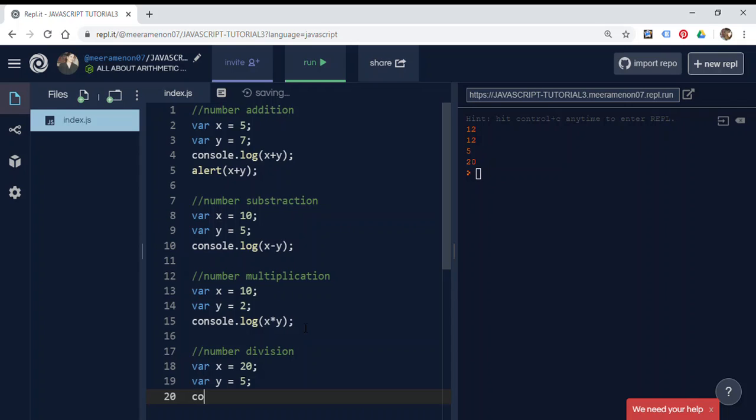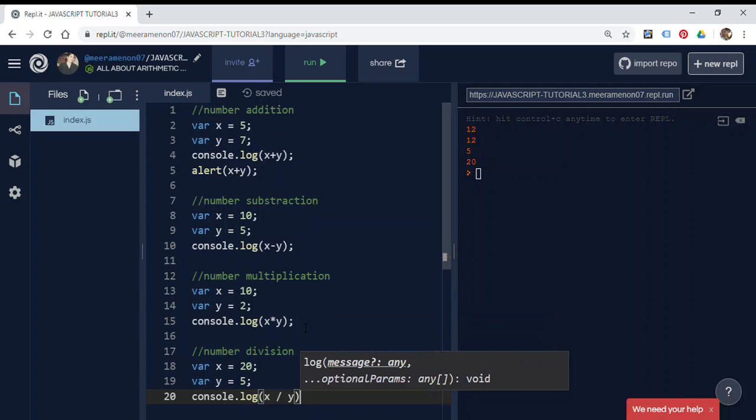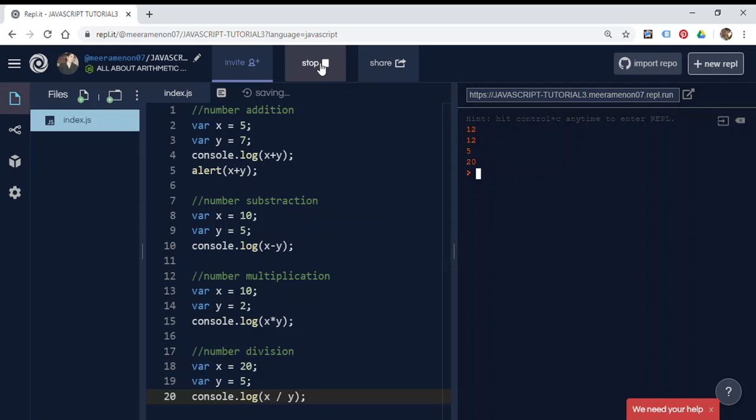Console.log x divided by y. Correct, 4. So the result is 4. As you see the result here, and we already know.